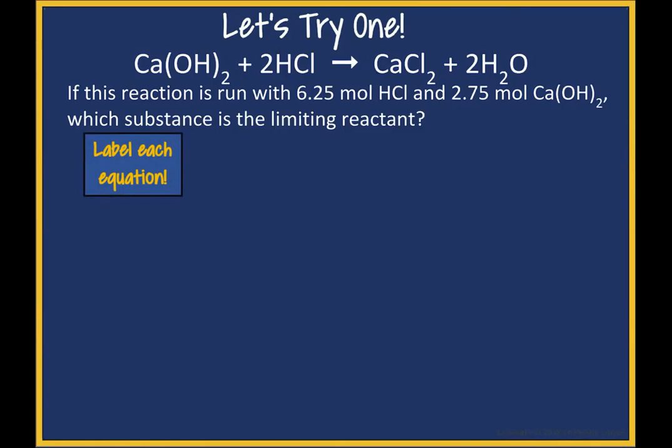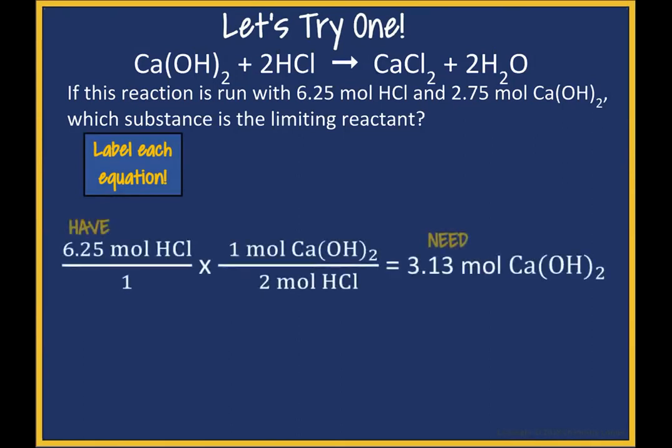So you're going to label each equation. We're going to start with what we have. We have 6.25 moles of HCl, and just like stoichiometry, we're going to find the number of moles of CaOH2. So we put that on the top. The moles of HCl go on the bottom because that's what we have.